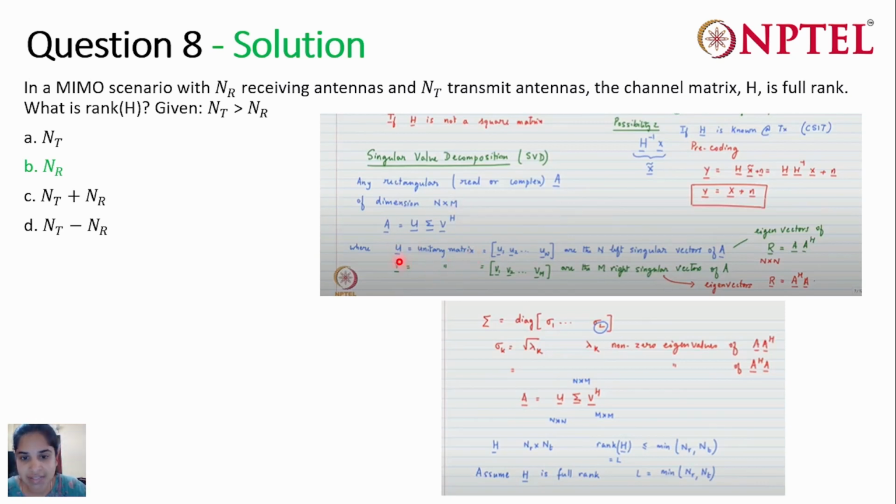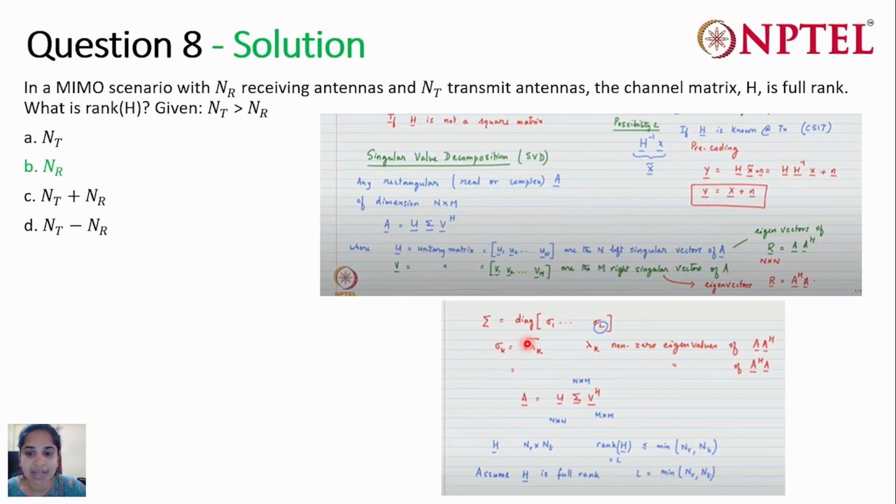U is a unitary matrix whose vectors will be u1 to un, and these will be the n left singular vectors of A. The left singular vectors of A are also the eigenvectors of A into A Hermitian. And the unitary matrix V has m columns V1 to Vm, and they are called the m right singular vectors of A. And these will be the eigenvectors of A Hermitian into A.